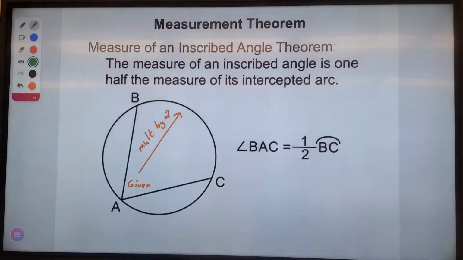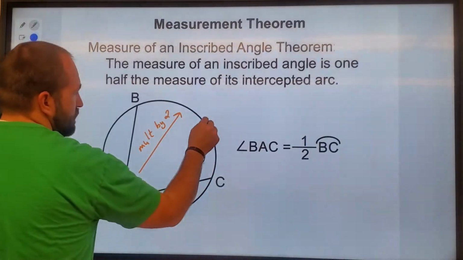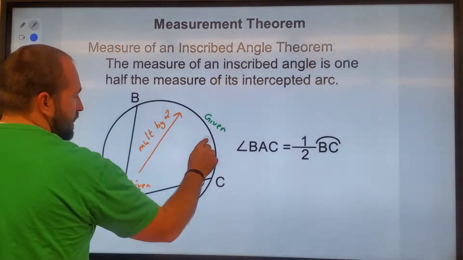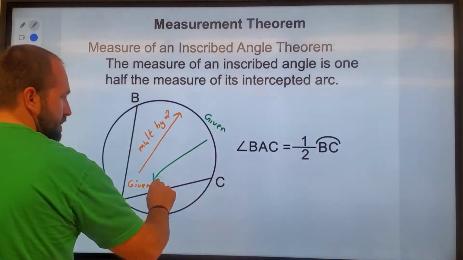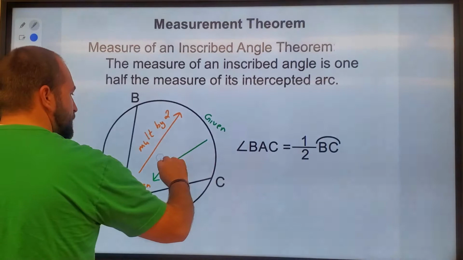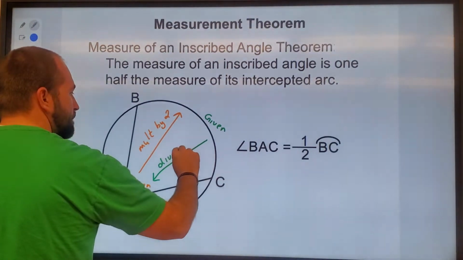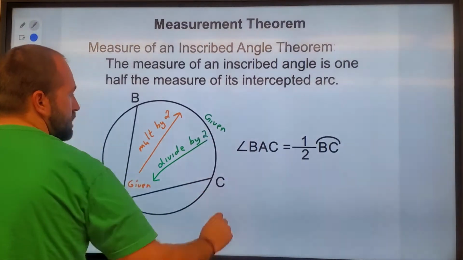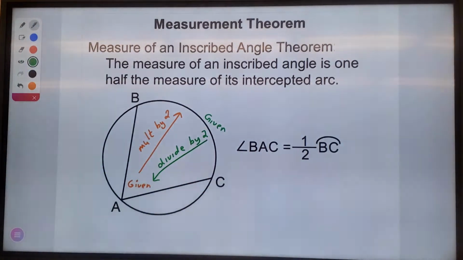The other option again is that I'm going to give you the arc itself and work my way in. If I do that, then you're going to divide by 2. Okay, so again, you have two options. One goes out and one comes in. If you go out, you multiply by 2. And if you come in, then you divide by 2.